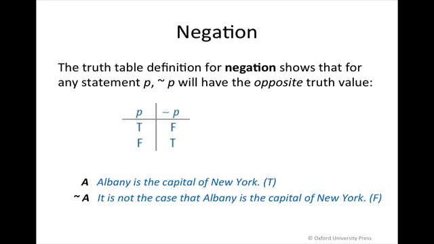So first, take a look at the left side of the table that has a lowercase p in it and then a T and an F. What you'll always see when you see truth tables is the standard values. Any sentence in the universe is going to be either true or false, so we just write that on the left side of that vertical line.